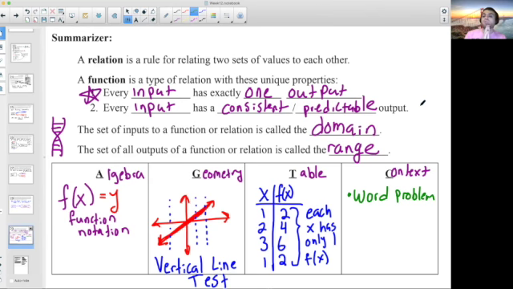So these are the 4 ways that we need to look at functions, and this is really the crux of today's lesson. The idea is that a function is a rule for connecting sets of numbers where every input has exactly one output. The inputs are our domain, while the outputs are the range. We have our 4 ways of looking at functions: algebra, geometry, table, and context.